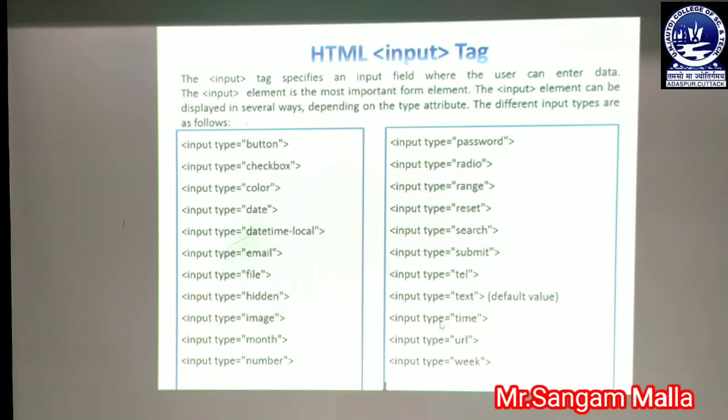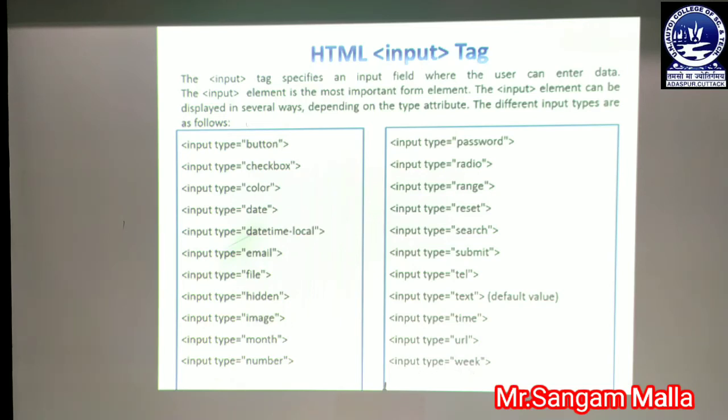Similarly, if we are writing input type equal to time, it will only display the time. If you are interested in giving any URL, uniform resource locator, or a web page link, we can take the help of input type equal to URL. If we want to give any weekday, we can give input type equal to week.